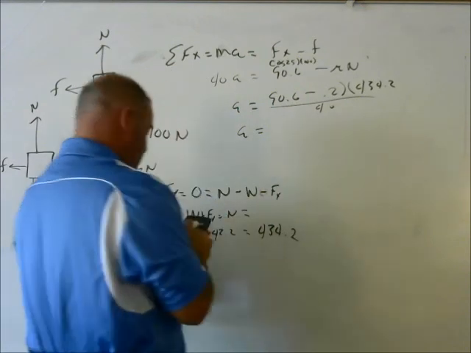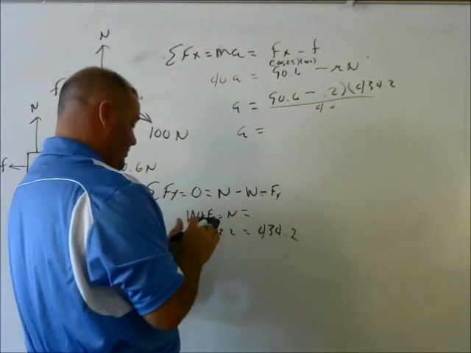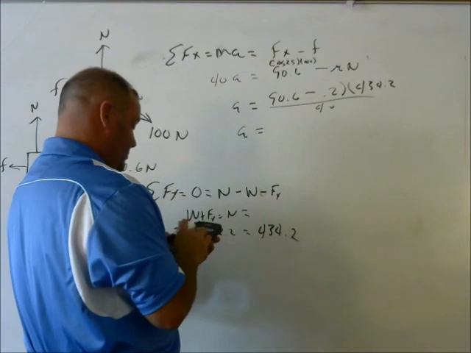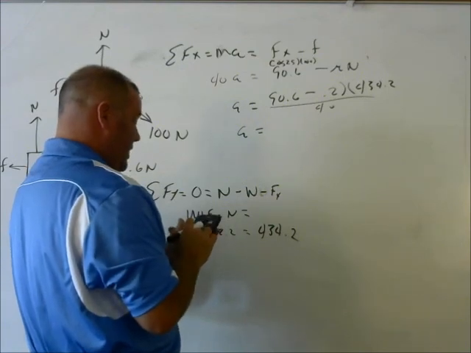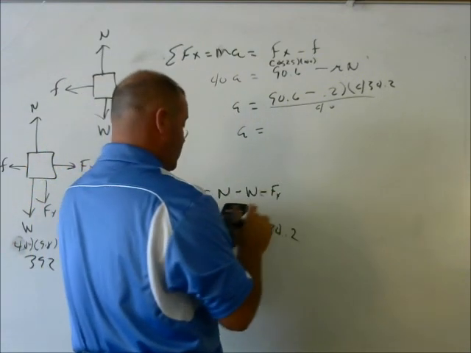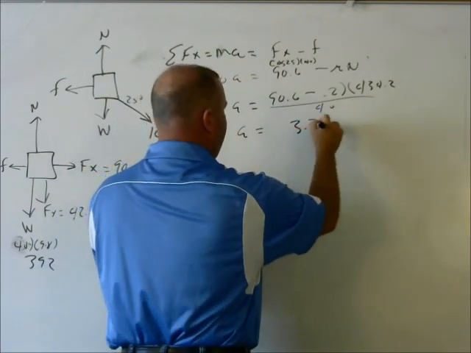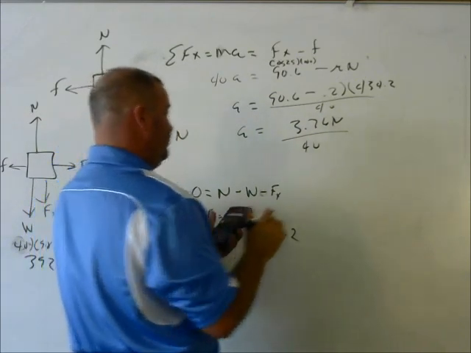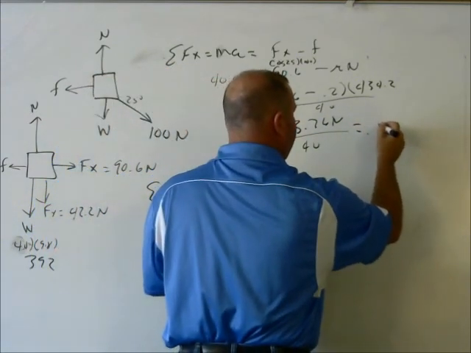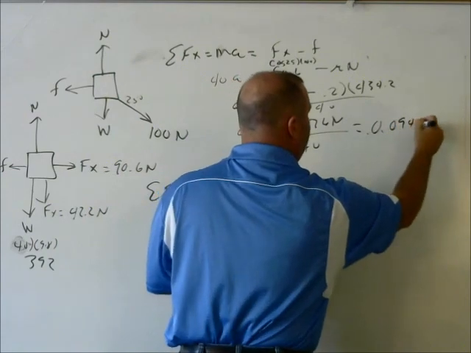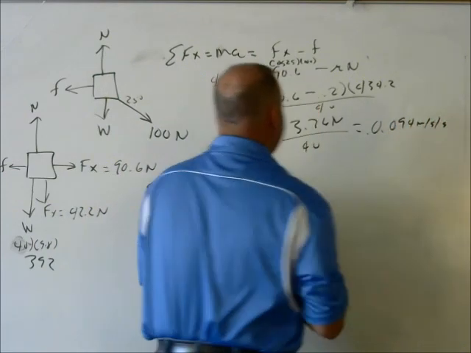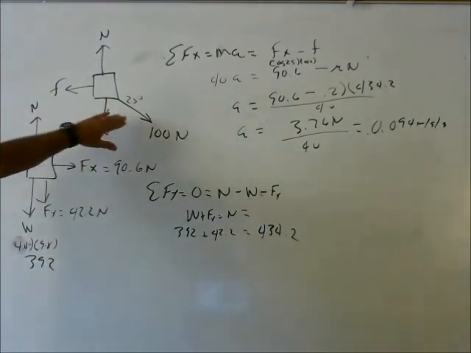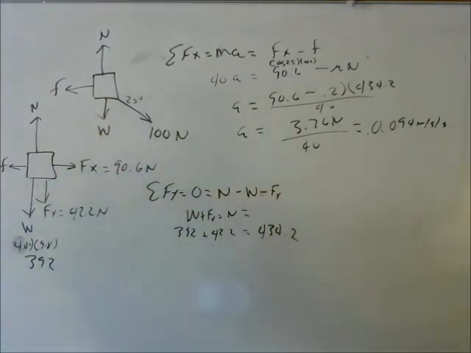So A should be 90.6 minus 86.8, which is 3.76 newtons, all over 40. Gives me an acceleration of 0.094 meters per second per second.